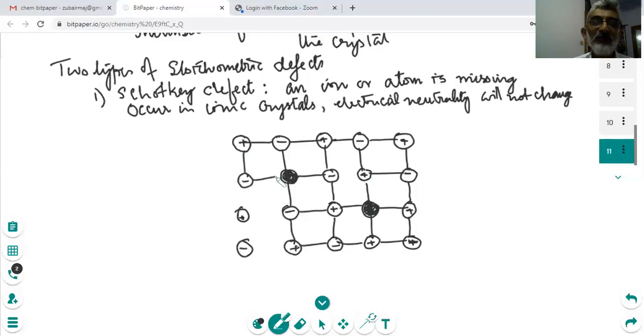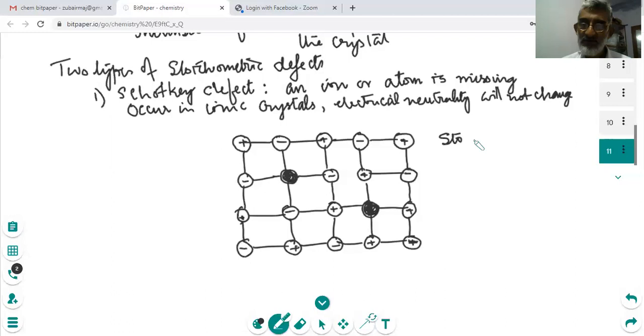Now suppose you have too many of these missing atoms in a crystal. Whatever the number of missing molecules, the electrical neutrality will remain the same, and the stoichiometry is not affected, because for each sodium, one chloride will be lost.